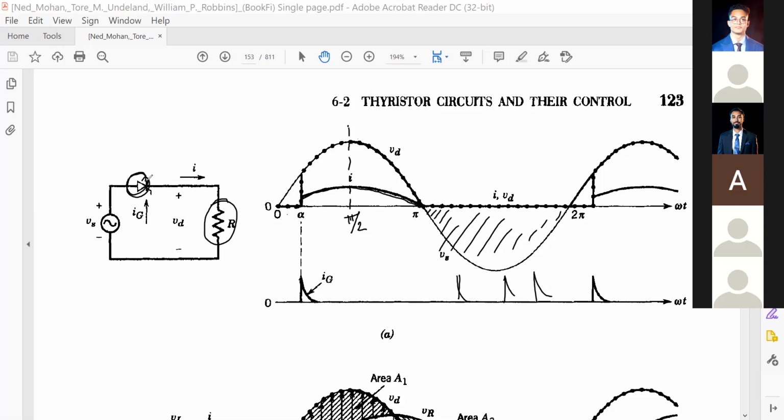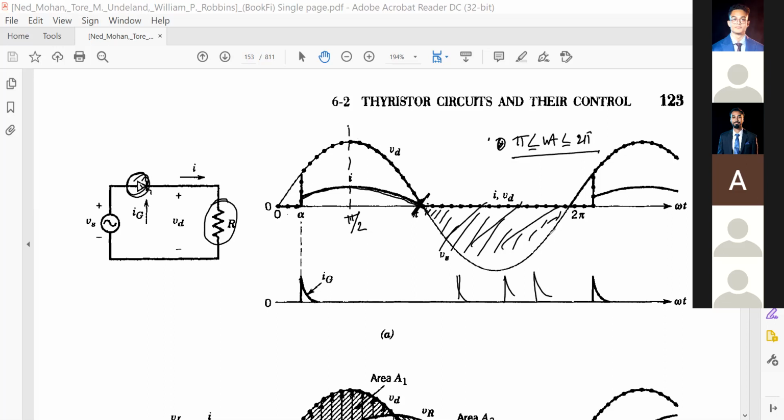So this thyristor will be turned off, since we already have 0 current and also reverse bias. I told you that to turn off any power electronic device, the current should be equal to 0 and the voltage should also be reverse bias. So the thyristor will stop conducting, for the resistive case, from pi to twice pi.